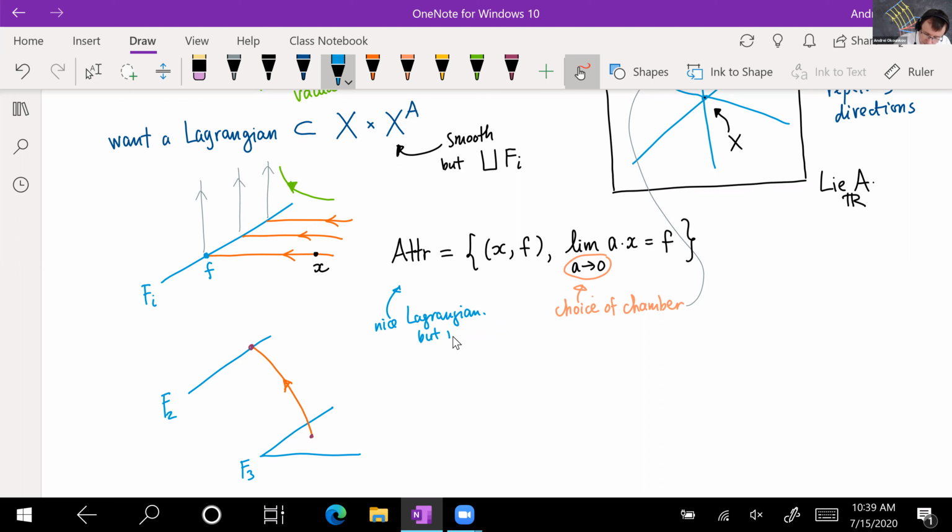But not closed in general. It's closed if it's in a vector space, but in general it's not closed. So it's certainly a possibility.